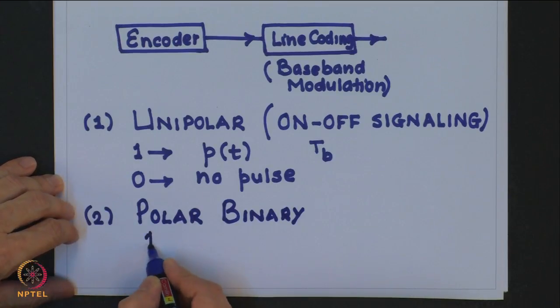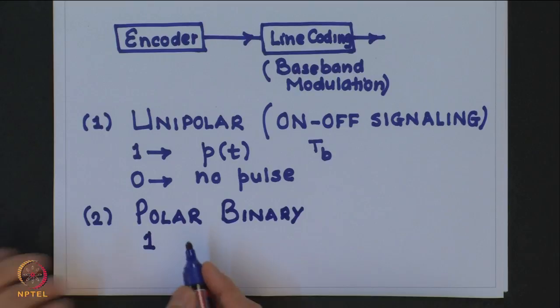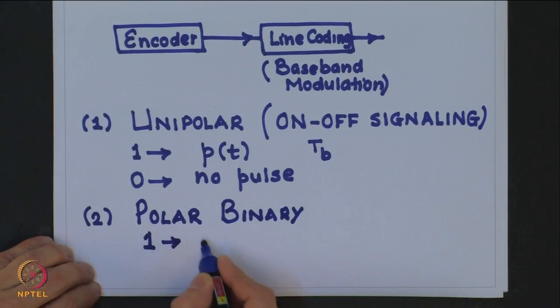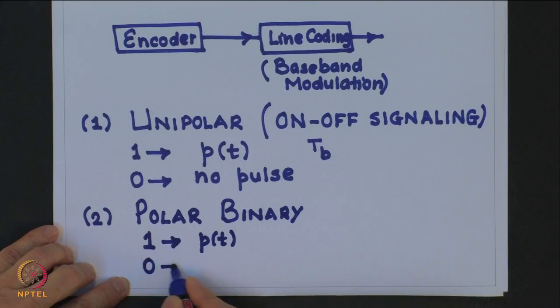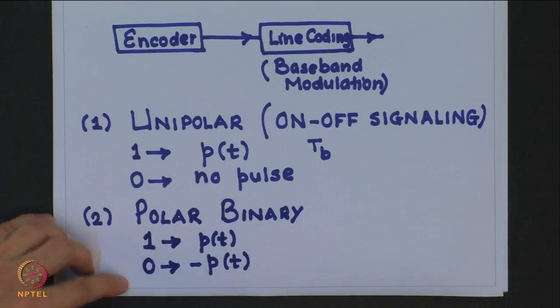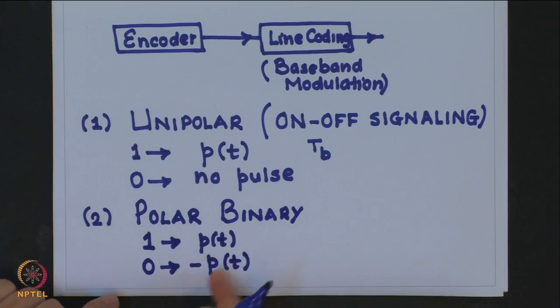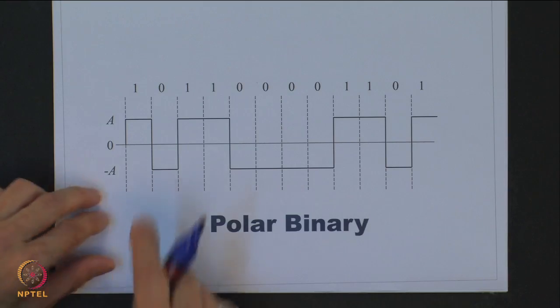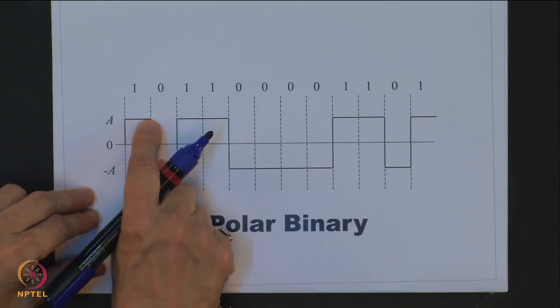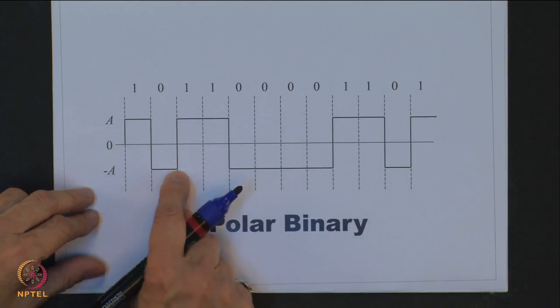So, for one we will transmit say a positive pulse PT, and for 0 we will transmit a negative pulse minus PT. Now, in this case the transmitted signal will look something like this. So, for 1 you have plus A, and for 0 you will have minus A.